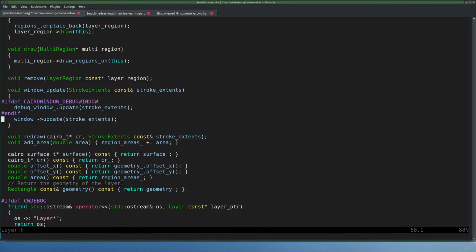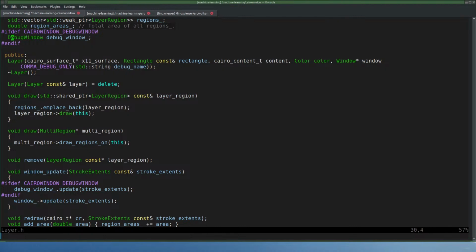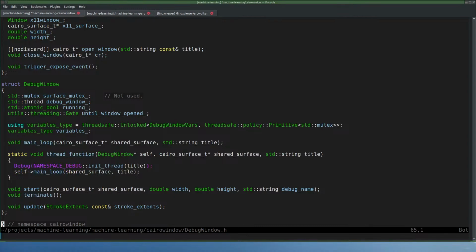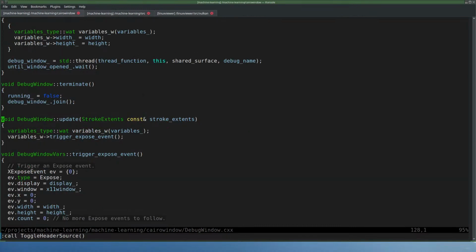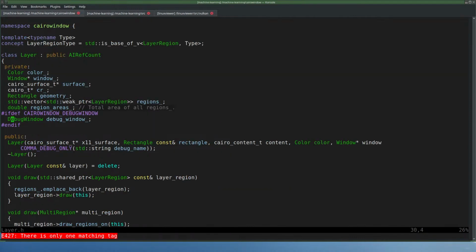Window update. Well, I think that, wait a minute, that is an update for my debug window. Debug window is just a window, isn't it? No, it's a debug window, which has an update, which calls... now what?